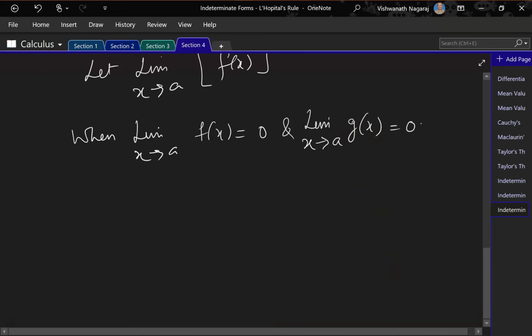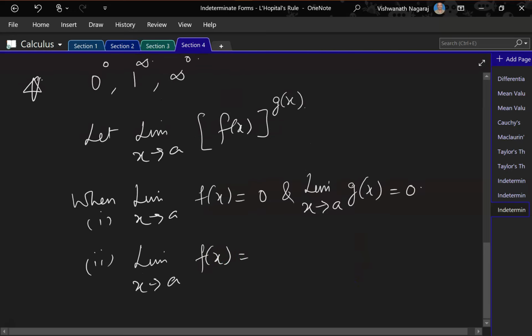The second case is, let's say this is 1. The limit as x approaches a of f of x is equal to 1, to the power of infinity, and the limit as x approaches a of g of x is equal to infinity.